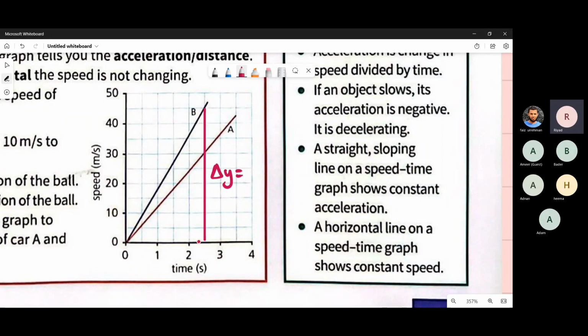Delta Y is 45. 45 what? 45 meter per second. Is everyone getting it? What is delta X? Delta X is 2.5. Very good. 2.5 seconds.